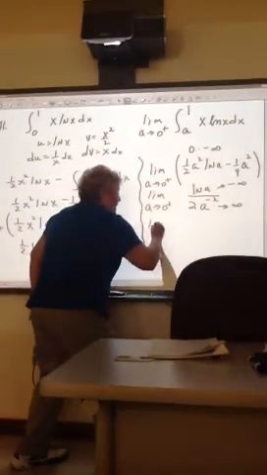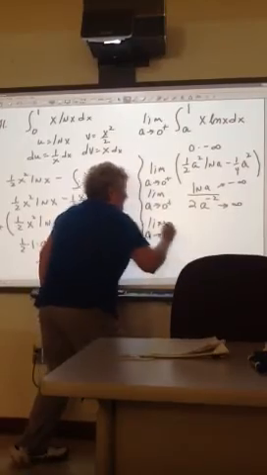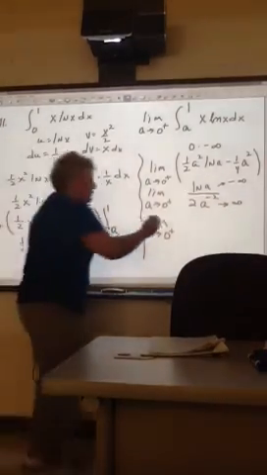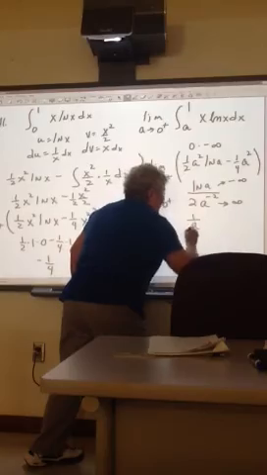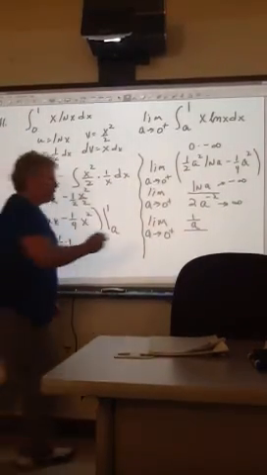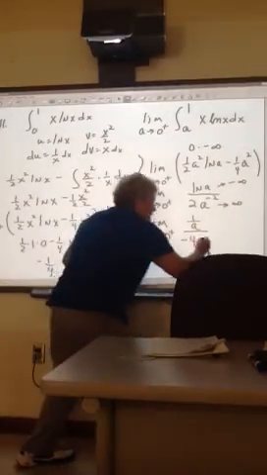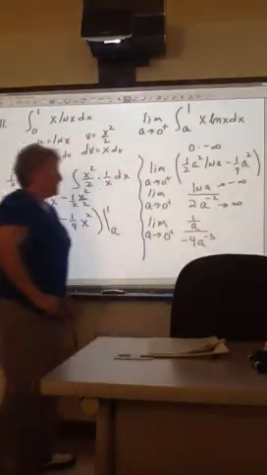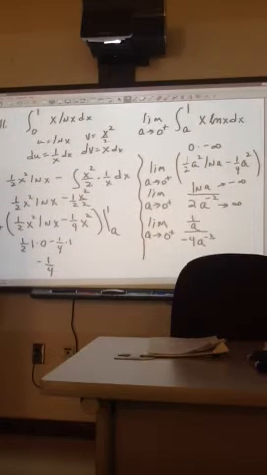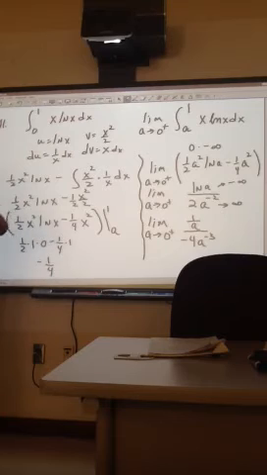So we have to take the derivative. The bottom gives negative 4, a to the negative 3, divided by 3. Yeah, and then we'll invert and multiply.